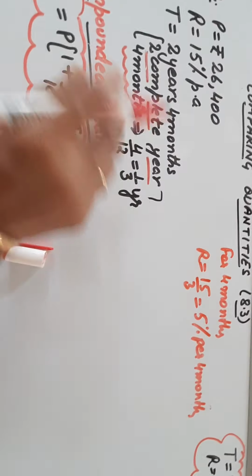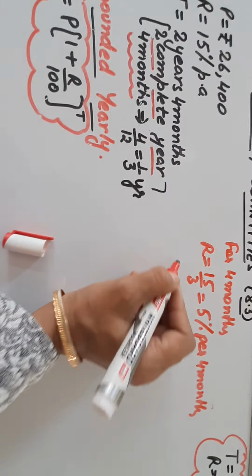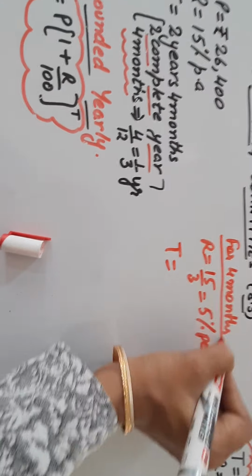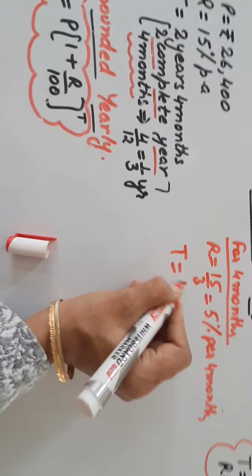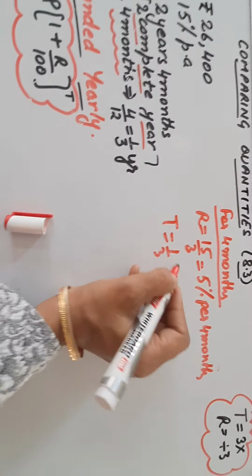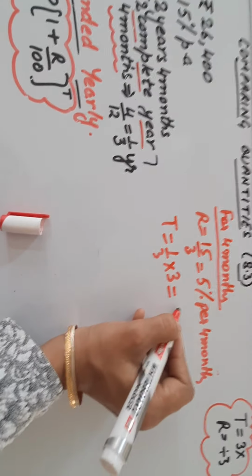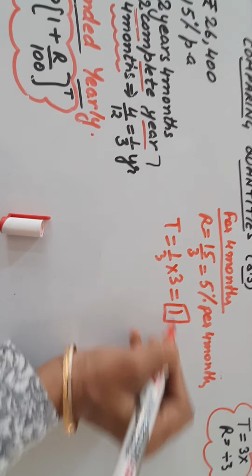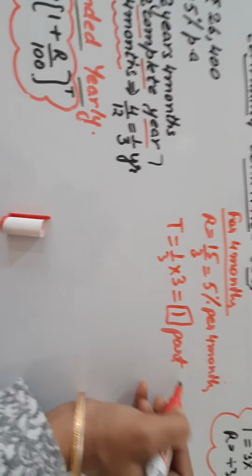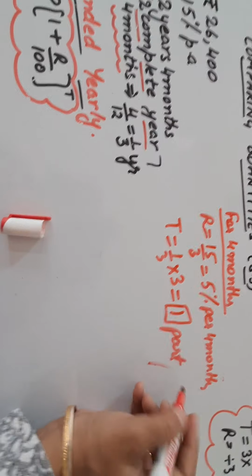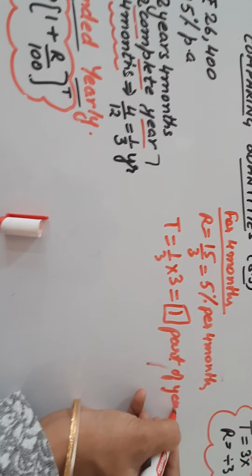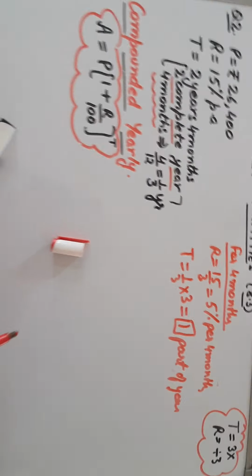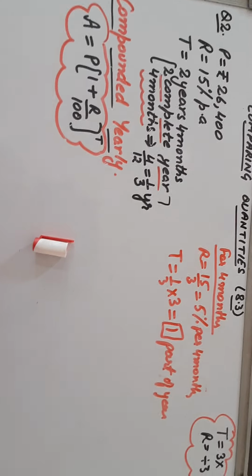So we have converted 4 months into 1 by 3. So for 4 months, time is 1 by 3. We will multiply it by 3. So we will put one part of the year, right? So like this, we'll take the values.